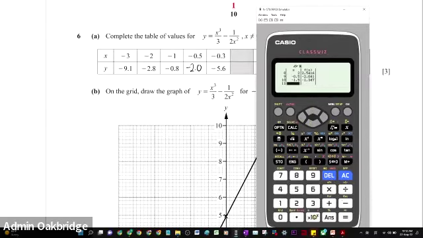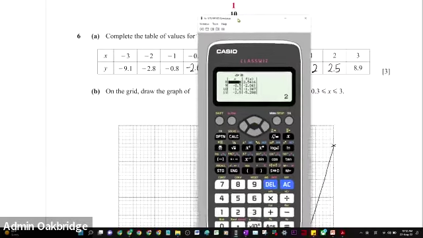Negative... wait, something wrong. I want to key in the value. It doesn't allow me. I think I got it. No need for 0.3, that is given already.